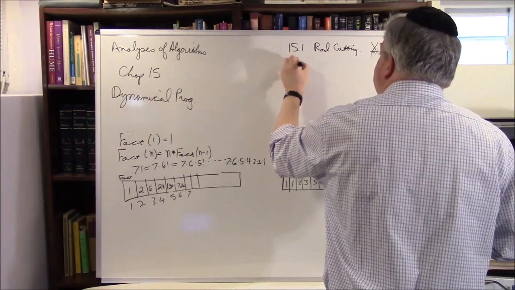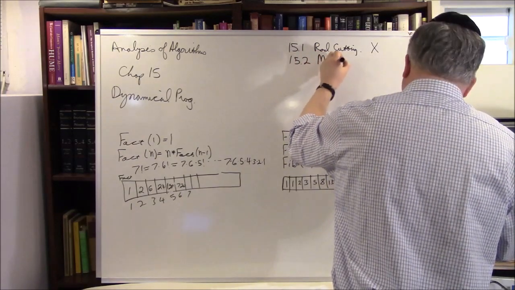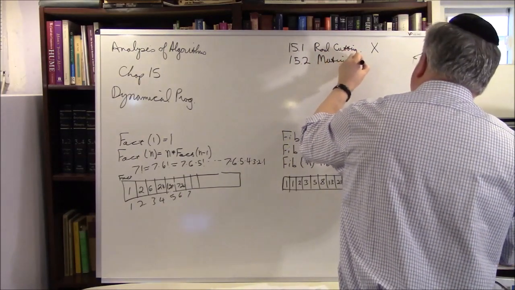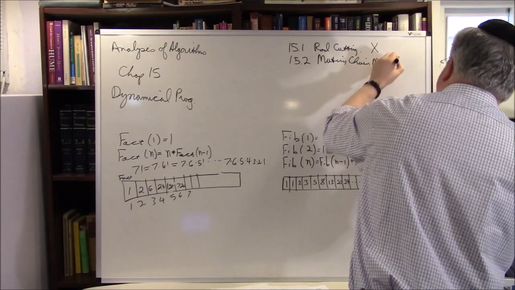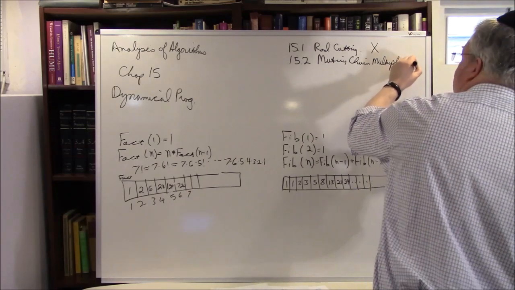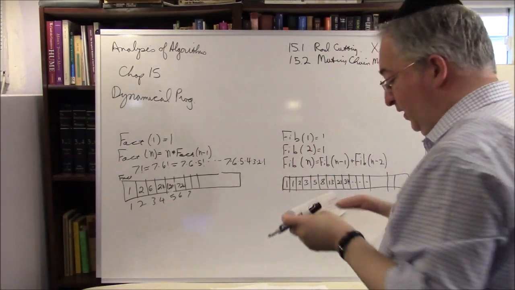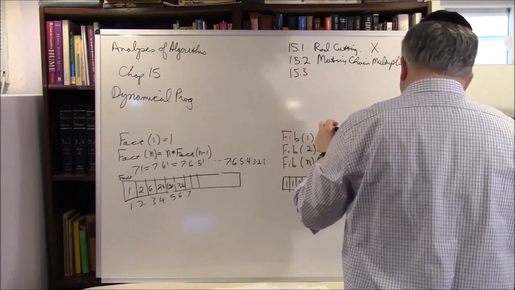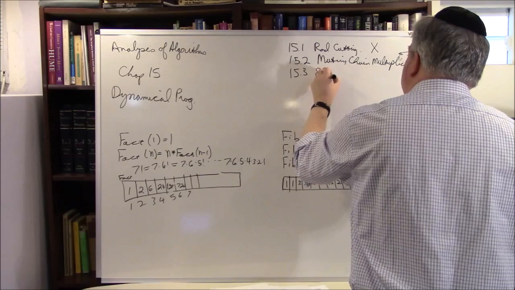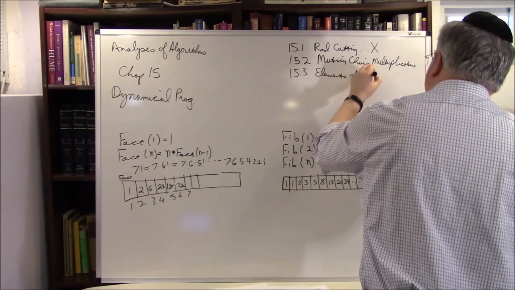In contrast, section 15.2 is matrix chain multiplication, and that we're going to do today. It's a beautiful example of showing how this works. Section 15.3 is a little bit of a philosophy. It's called Elements of Dynamical Programming.